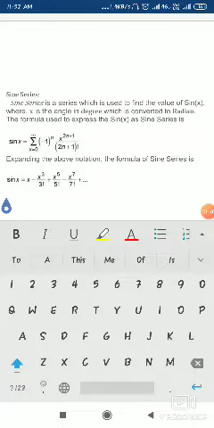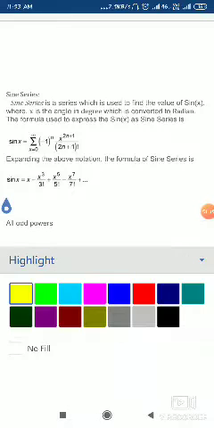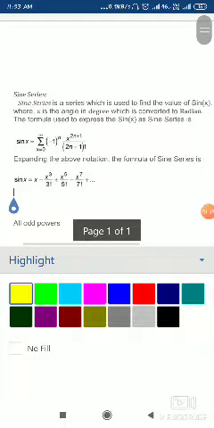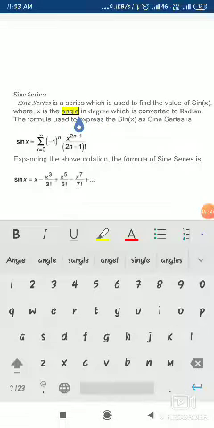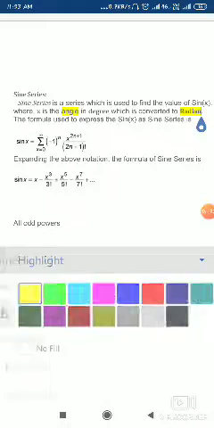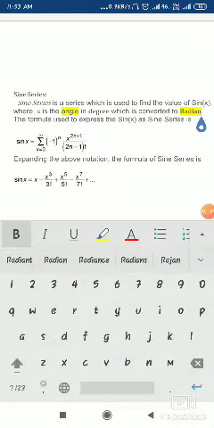This is a very important term, where x is the angle in degree, which is converted into radian. So what we have to do, we are going to convert this angle to radian. How to convert angle into radian, we will discuss after some time.